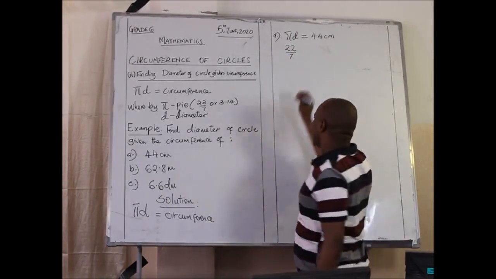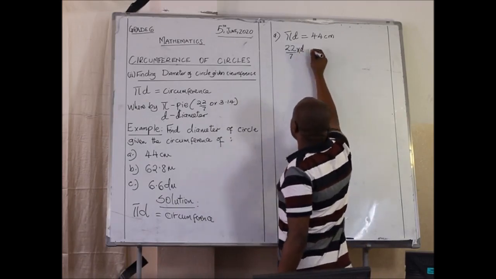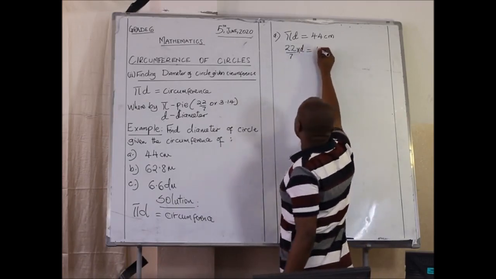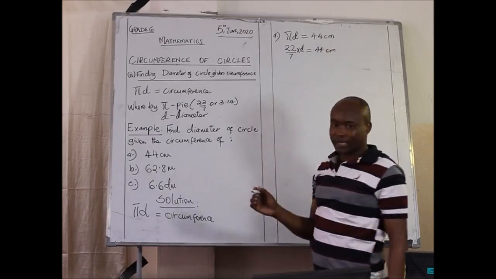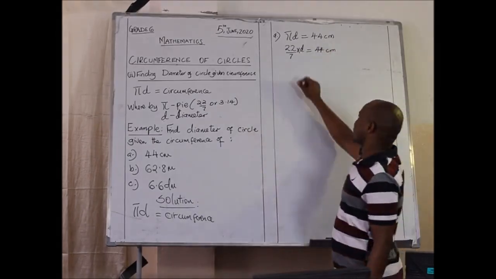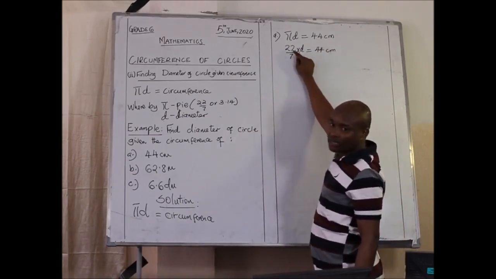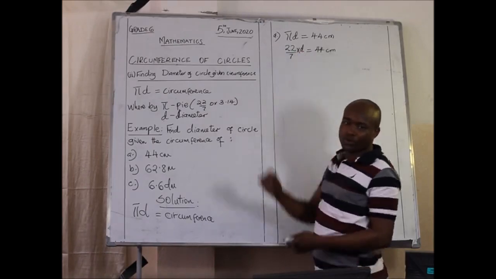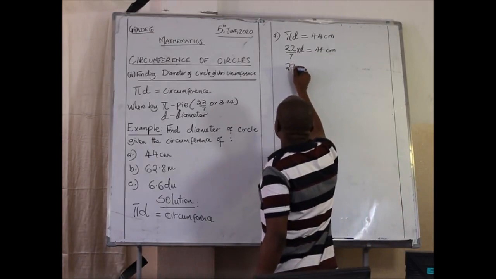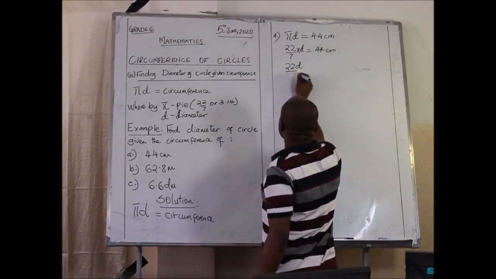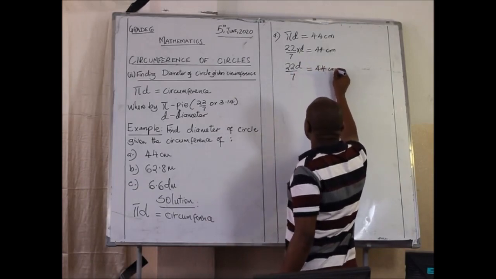The diameter we don't have, so we multiply by the diameter d that we're looking for. When we take the coefficient and multiply by the variable, you get what we call the term. So the term that we're going to get here is 22d over the denominator 7 equals 44 centimeters.